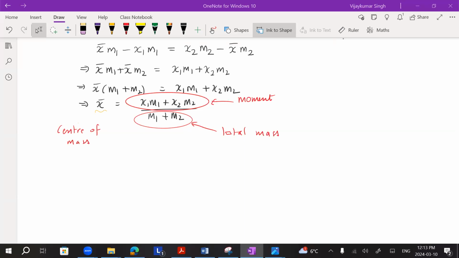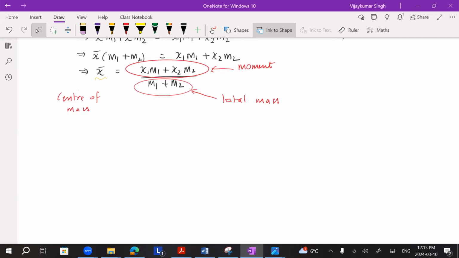All right, so now suppose we have three masses on a rod. Now we can have n masses, but let's work out with three masses first. So this is where my fulcrum is located, at x bar. Then I have m1 at x1, m2 at x2, and m3 at x3.